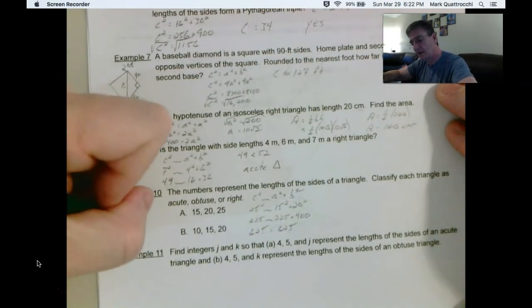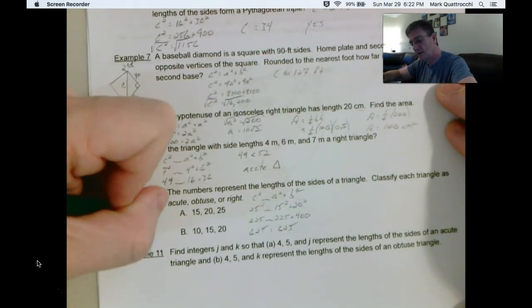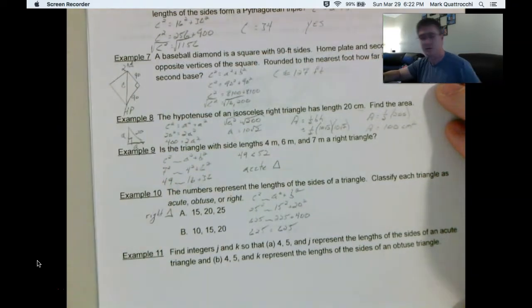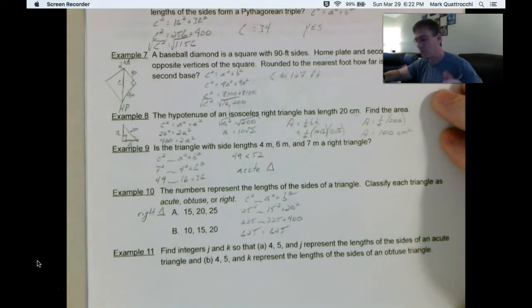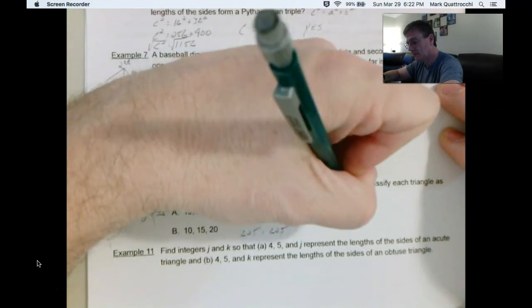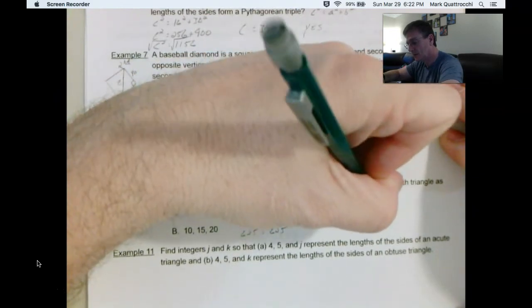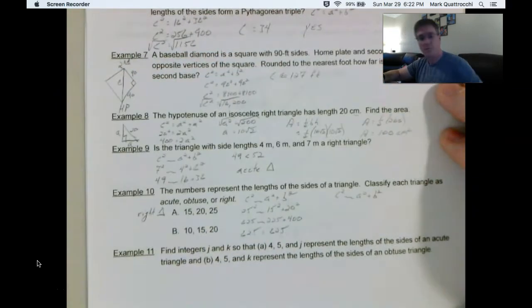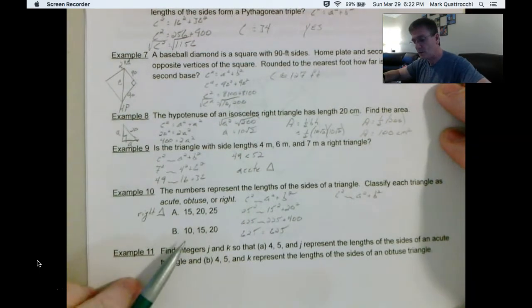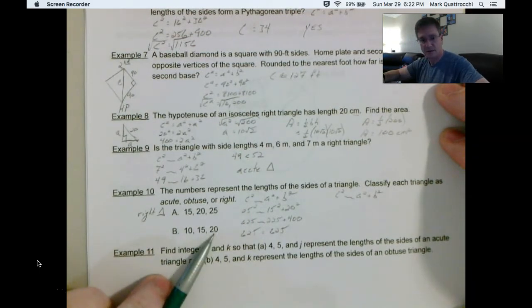Therefore, part A is a right triangle. Part B, c squared blank a squared plus b squared. This time we're replacing the c with 20.